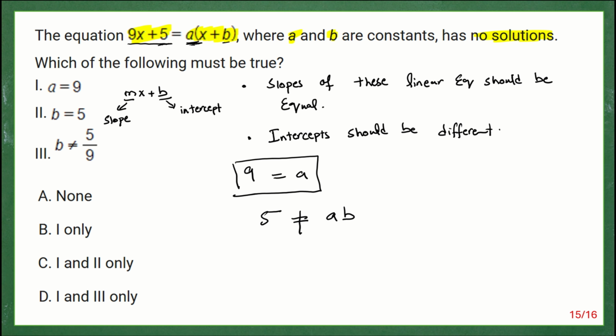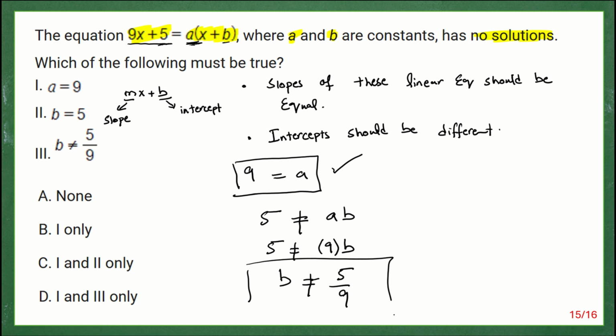Now since we have the value of a equal to 9, let's plug that in here. It will become 5 is not equal to 9 times b, and b becomes not equal to 5 over 9. So this is another result that we have here.